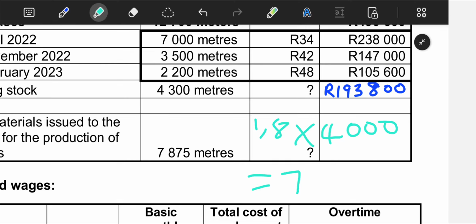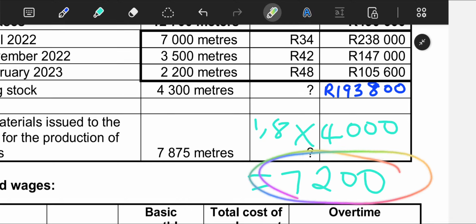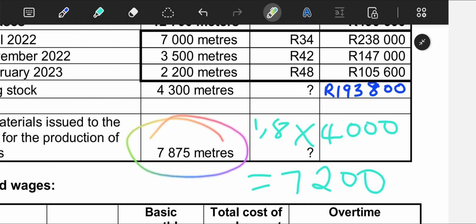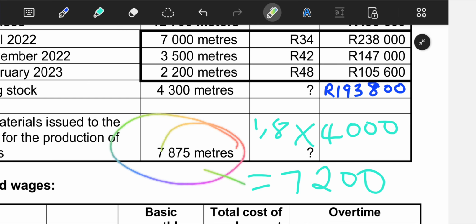We used 7,200. So this is the exact number of meters that went straight into the manufacturing of overalls. But we have issued this number of meters to the production, and out of what we have issued, we only used 7,200.